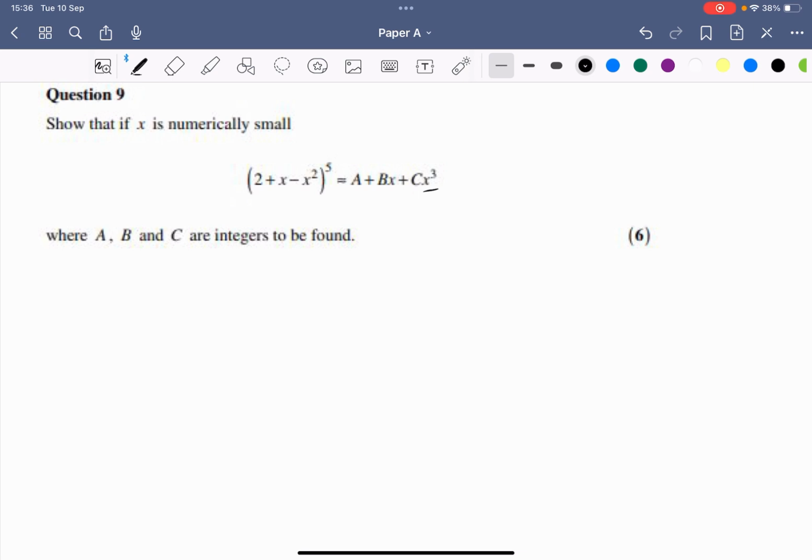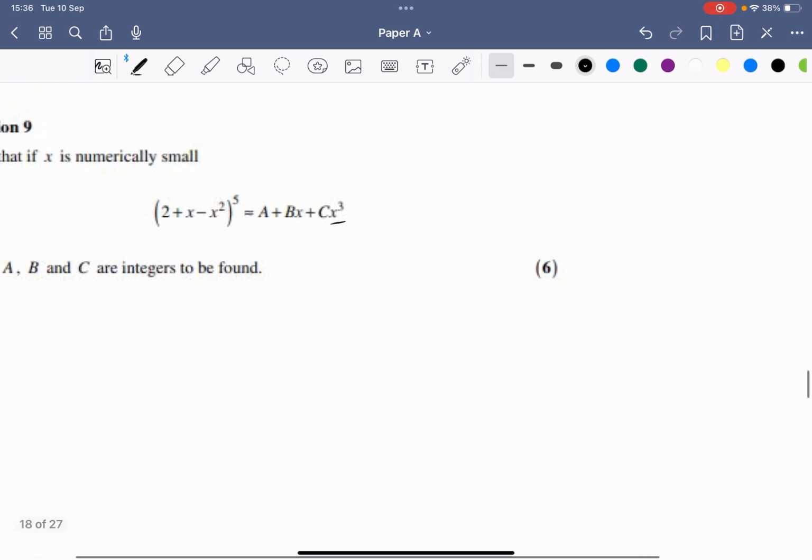So firstly, I'm going to think about what the coefficients are with binomial expansion. So it's 5 choose 0, 5 choose 1, 5 choose 2, and so on. So that's 1, 5, 10, 10, 5, 1.